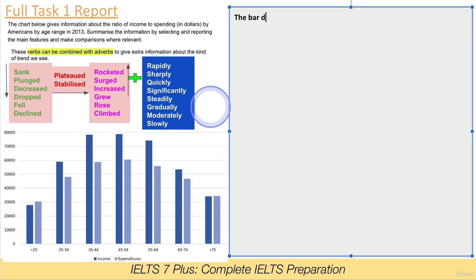The bar chart displays information, data about, regarding the earning to spending, maybe ingoings and outgoings.